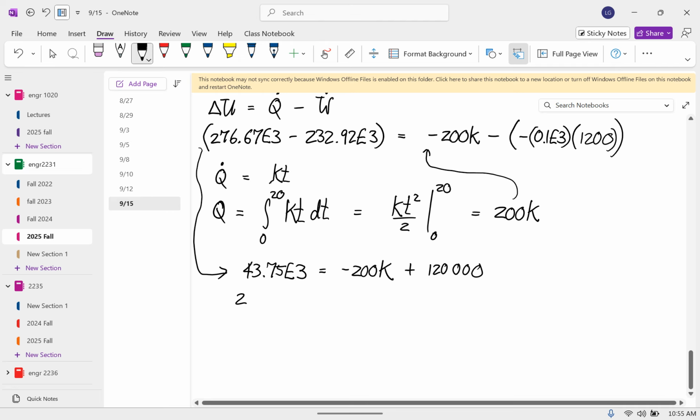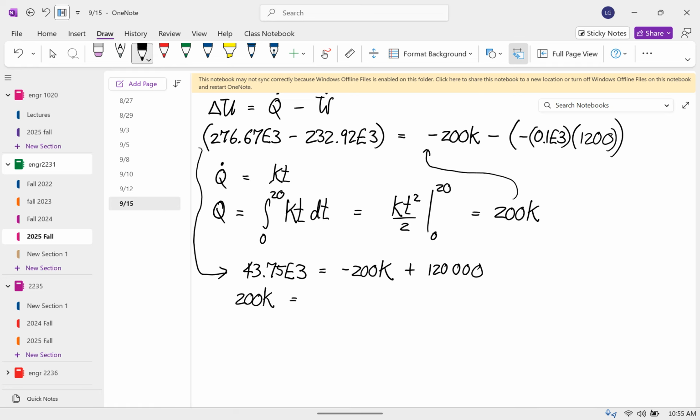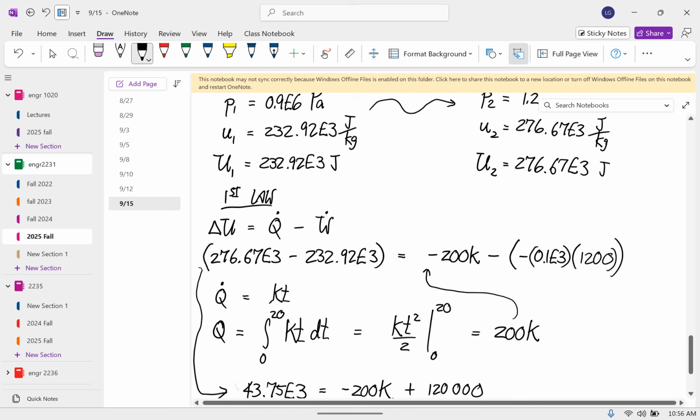And now 200k is equal to 76,250. And so K is equal to 381.25 with whatever units it needs to be, but in SI units.